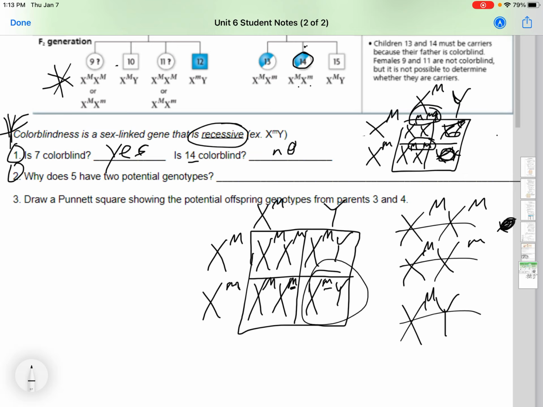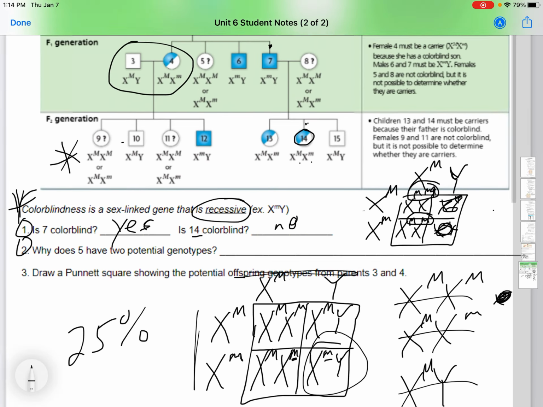And then we have the last section here, X, little m, and Y. Now, color blindness is an X-linked trait, right? And this is a little m. It's a recessive sex-linked trait, or X-linked trait, meaning that what's the potential for their offspring, this one here and this one here, to have colorblind children? It would be 25%. Okay, 25% to have color blindness.